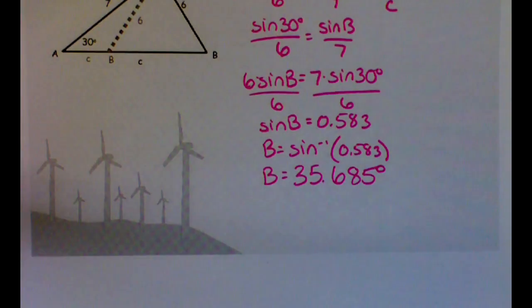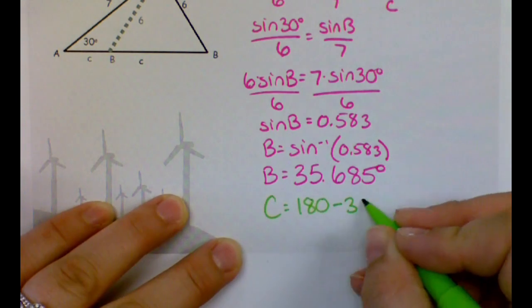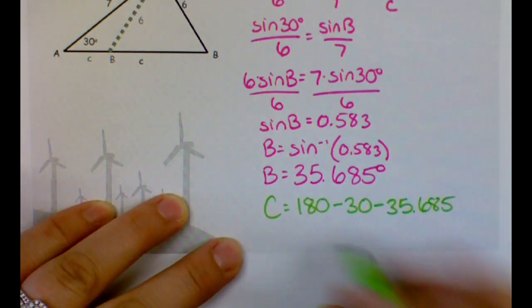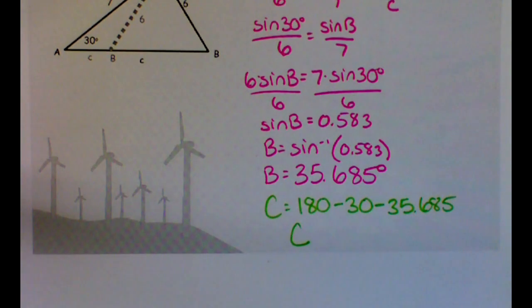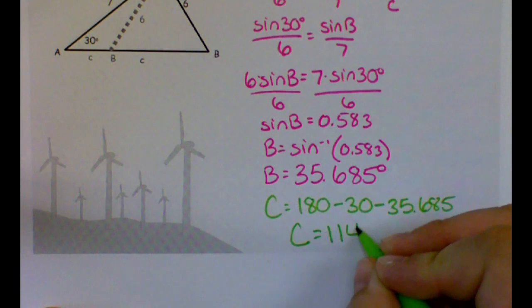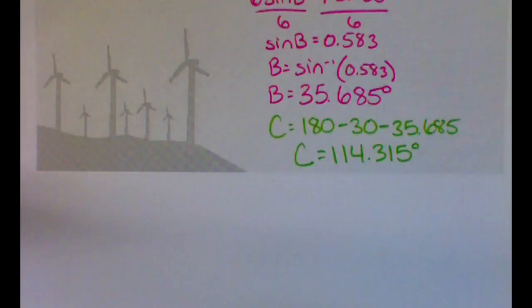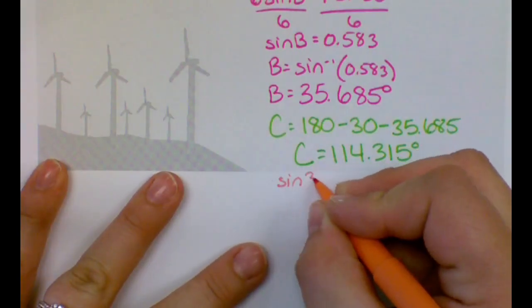Now if I'm ignoring the ambiguous case, I keep going, right? I say, okay, that means angle C is 180 minus 30 minus 35.685, which means angle C is 114.315 degrees. And then I can dive into side C. Go back to my anchor.